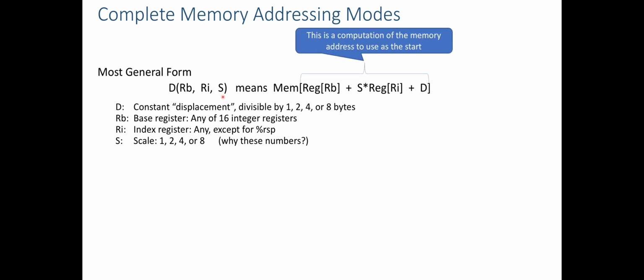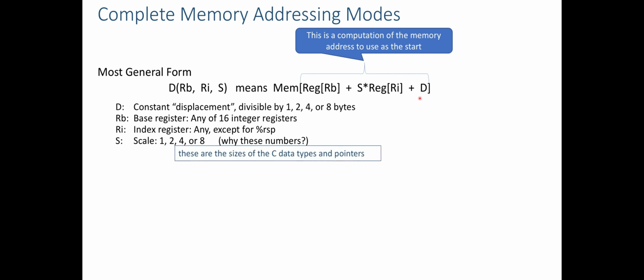And all of this is used to come up with a different place in memory to go to by saying, take what's in register RB, add this scale times what's in register RI, and then add in this displacement. So this is the most general form, and I'll give you an example of how we often use this in code in just a moment.